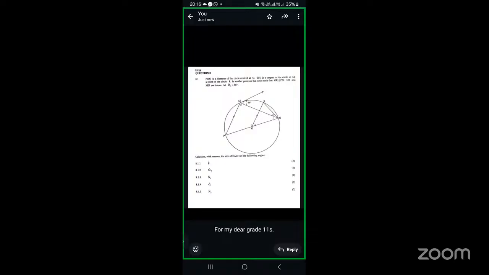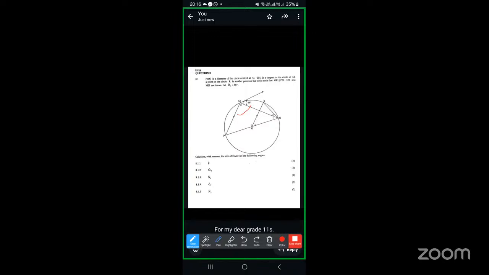Now we can proceed to question 8.1.2, where we are required to find the size of angle M2. M2 is right there, and we already answered that using DRCPT. What's the size of that angle, guys? M2. 90 degrees, sir, reason being angle in a semicircle. 100% correct.